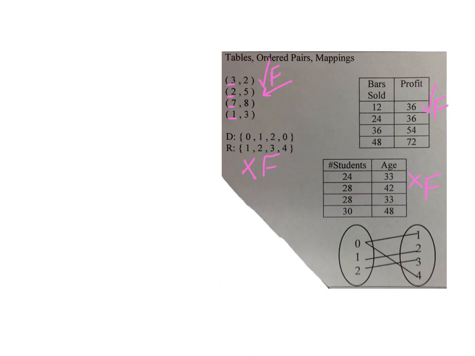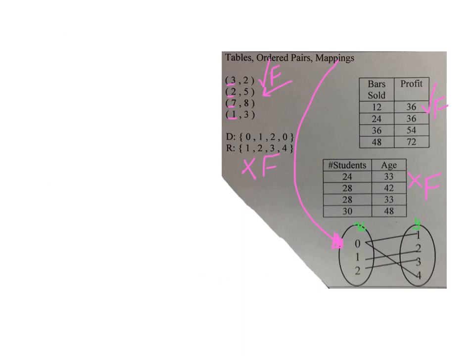And lastly, this guy down here is called a mapping. So this is a mapping. Okay, it maps an X to a Y. So if I follow the line from 0, it goes to 1. But notice there's also a line from 0 that goes to 4. The left one stands for the X values, or the input.